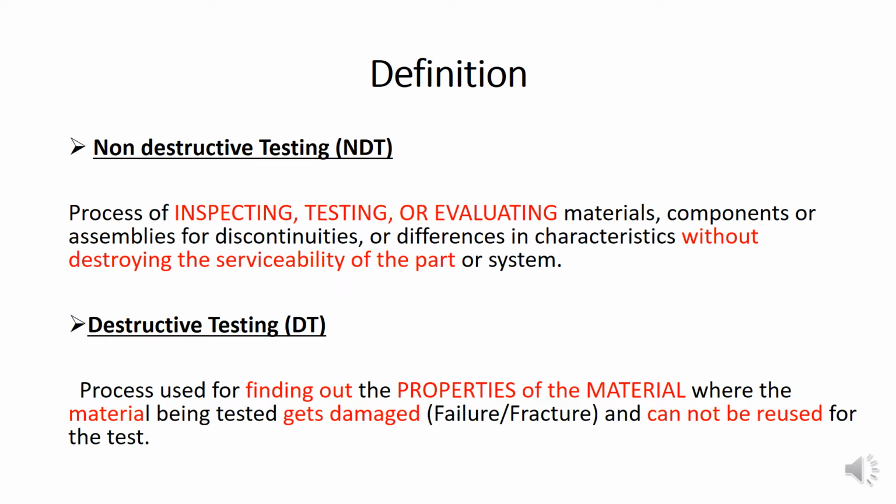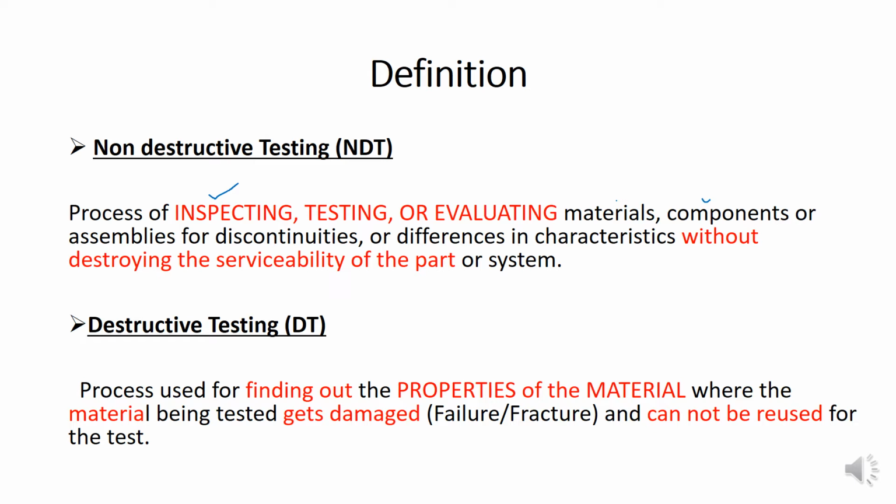As we have already discussed, non-destructive testing is an inspecting technique in which materials, components or assemblies are tested or inspected for any crack or flaw, such that after the inspection the serviceability of the part is maintained. Means after inspecting you are able to use that particular part, there is no failure or fracture of the component.